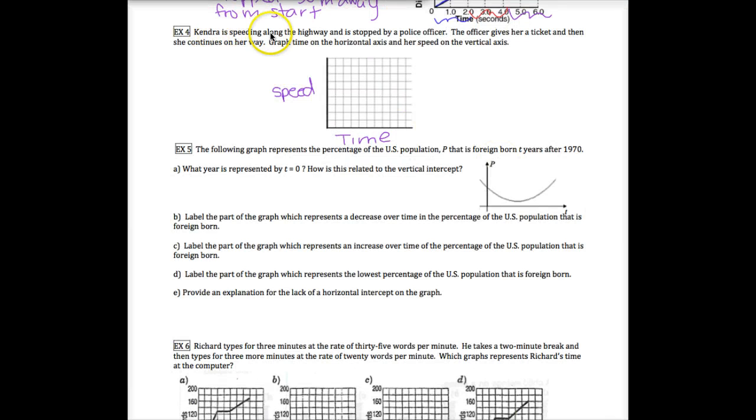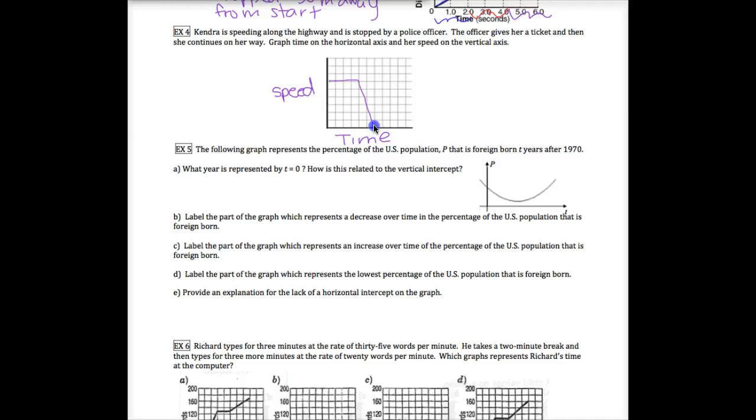It says Kendra's speeding along the highway. So she's traveling relatively fast, because it says she's speeding, so we'll put it somewhere near the top. Yours doesn't have to be exactly where mine was. But she's speeding along, and then it says she's stopped by a police officer. If you're stopped by a police officer, you're going to slow down relatively quickly, and you're going to come to a stop. So we slow down, and we come to a stop.